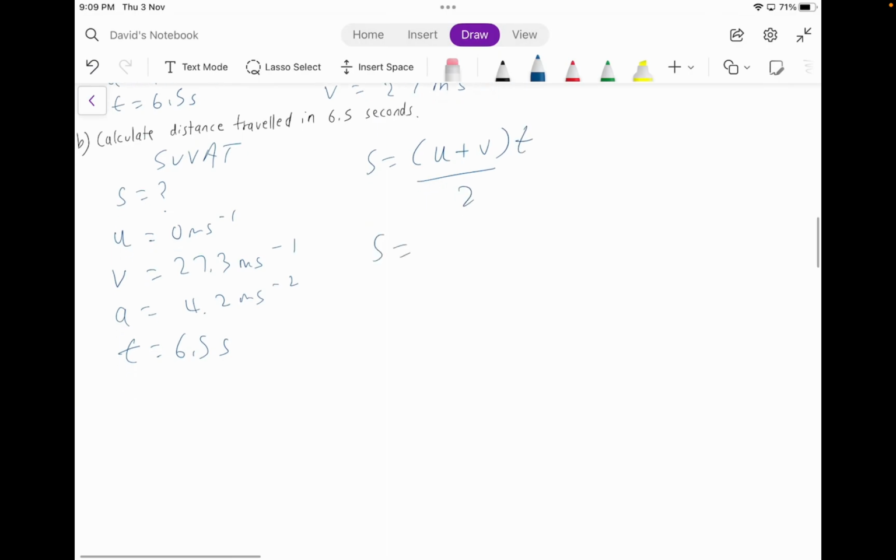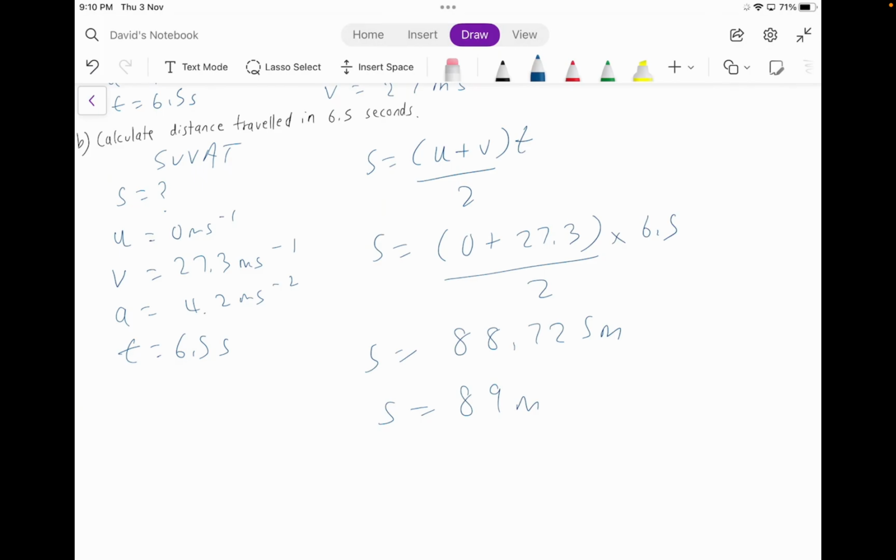So the distance is initial velocity plus final velocity, 27.3, divided by 2, times time, 6.5. I'm just going to plug these values into the calculator so that you can solve them. Once you do that, you're going to get a value of about 88.725 meters. So S, which is displacement, is going to be roughly 89 meters in terms of two significant figures.